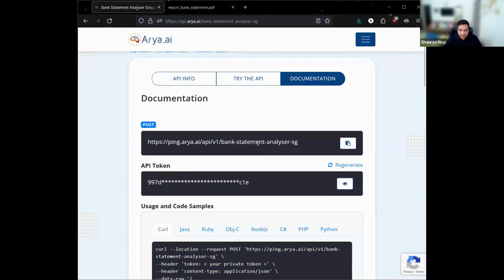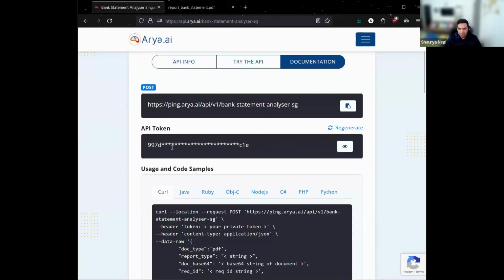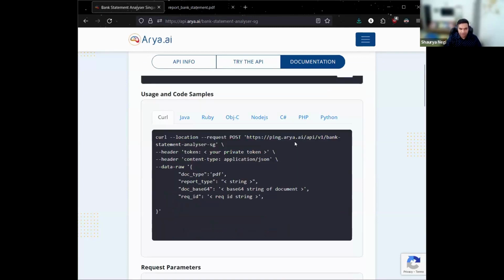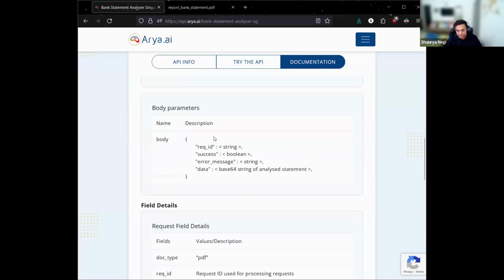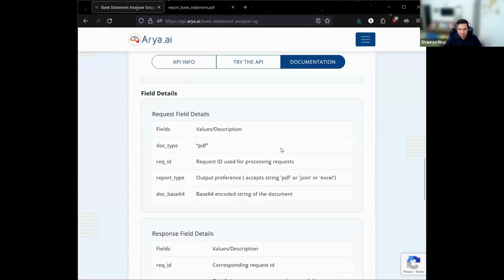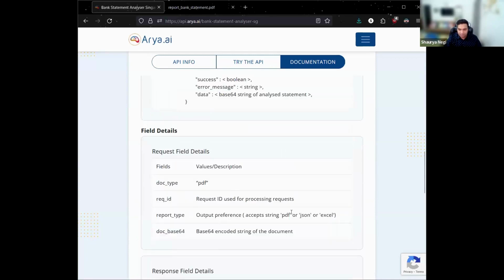So to submit a request via an API, you have to include this token, which is private to the account you're using. In the body, you have to mention the request ID, the report type, which will be JSON, doc type PDF, and the doc base 64.